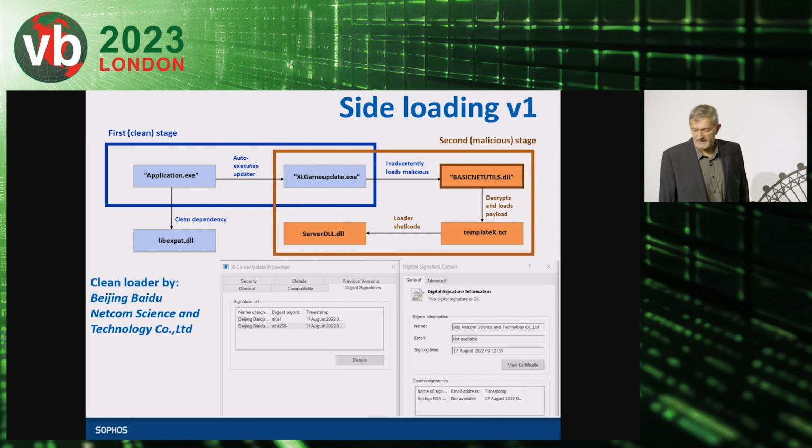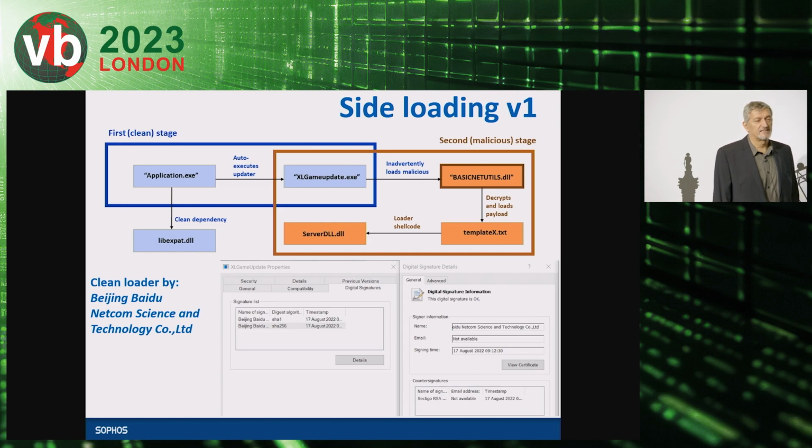And this is what the attackers made use of. They replaced the original game updater, but not with a malicious executable. They replaced it with another clean executable, which would trigger the second stage, the real side loading stage. In this case, on this diagram, it will be an application by Baidu, which will have one of these dependencies, basic netutils DLL, replaced by a malicious loader.